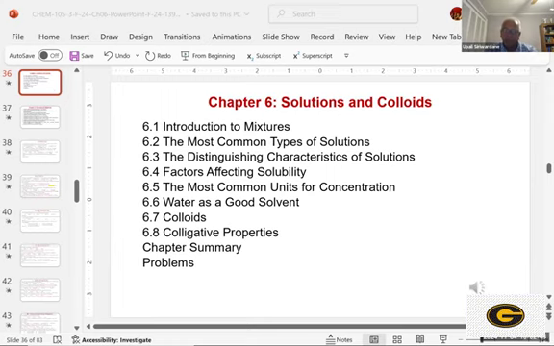We're going to look at that after I finish concentration units. So we're going to continue this on the topic of water being a good solvent, and colloids and colligative properties.